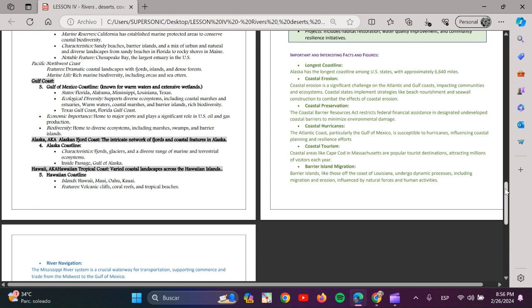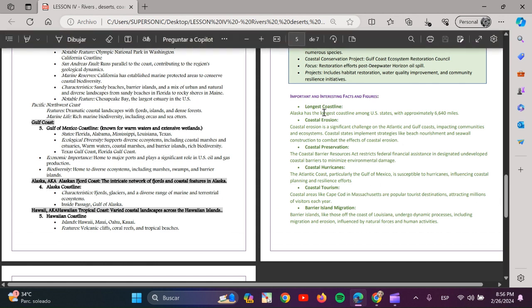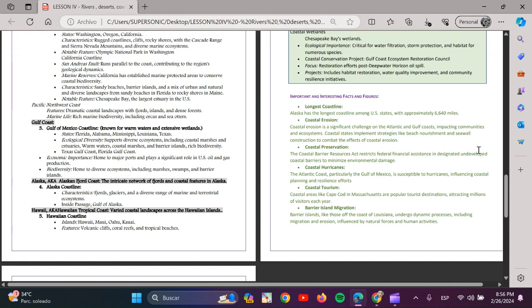To end this lesson, we have now important and interesting facts and figures. As I said before, everything green is about coastline. So the longest coastline: Alaska has the longest coastline among U.S. states with approximately 6,640 miles.